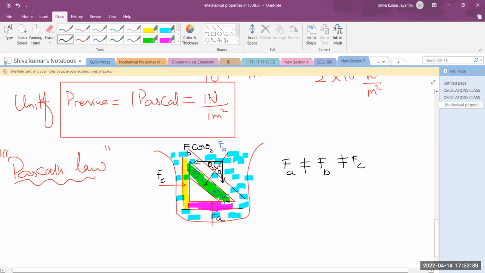Because it is called the horizontal component of force. Understood that? Side force, this direction. Is that clear? This area, this green color area is there, no? This area, green color.